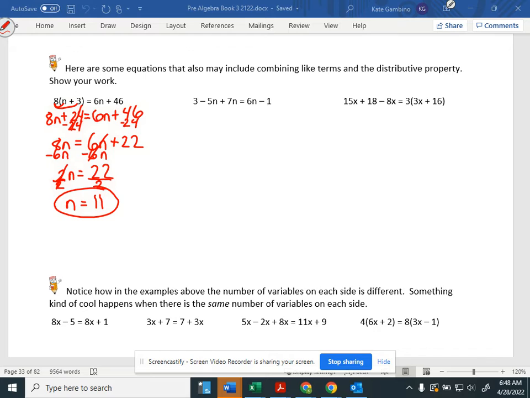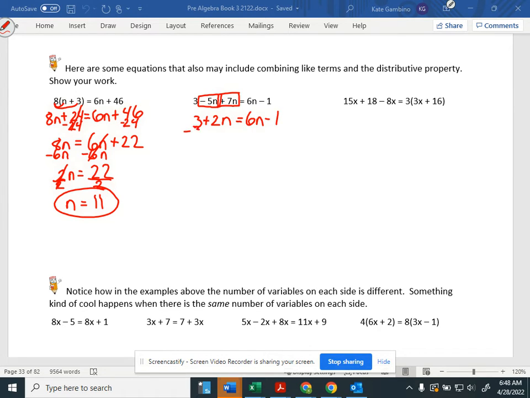So I see that I have negative 5n and a positive 7n. So negative 5n plus 7n gives me 2n. And I have that 3 plus 2n equals 6n minus 1.